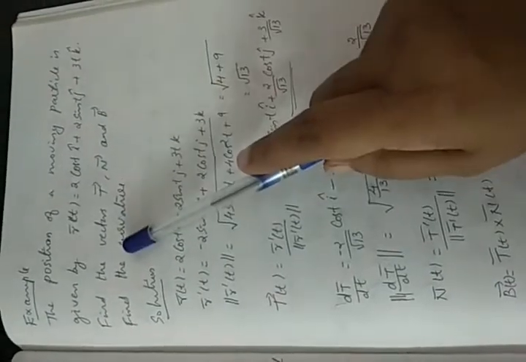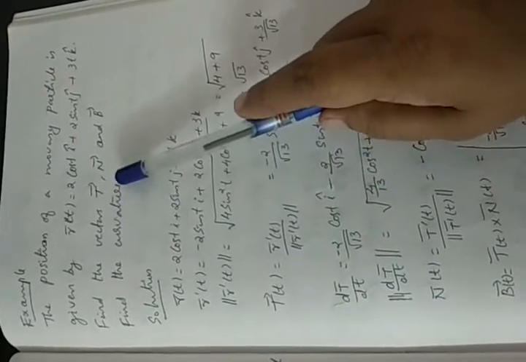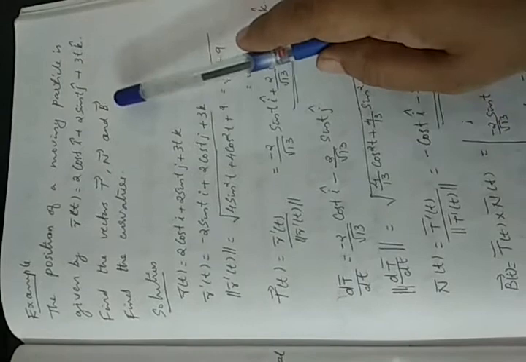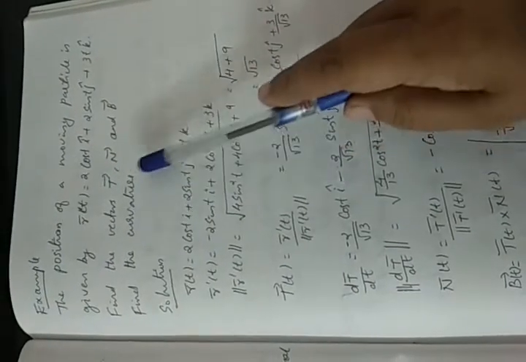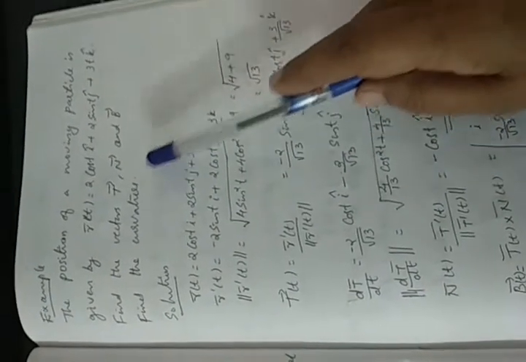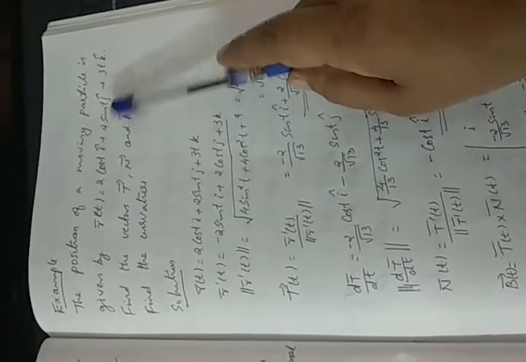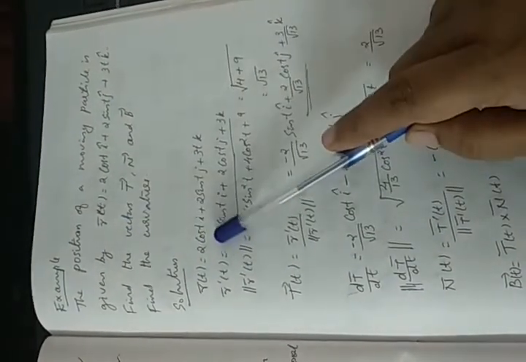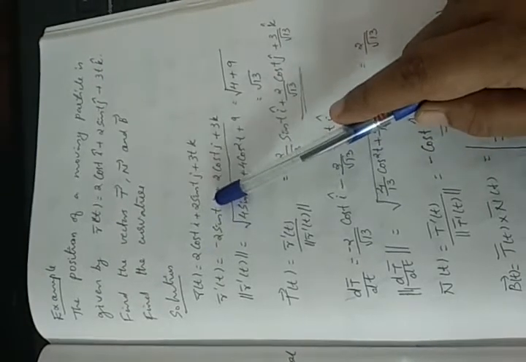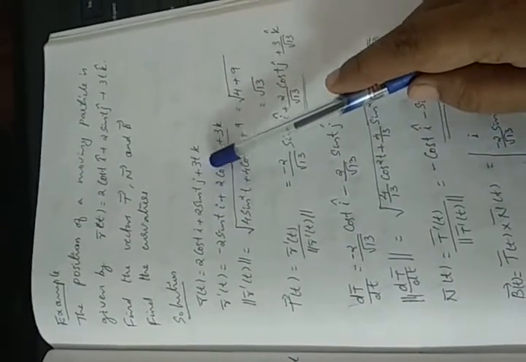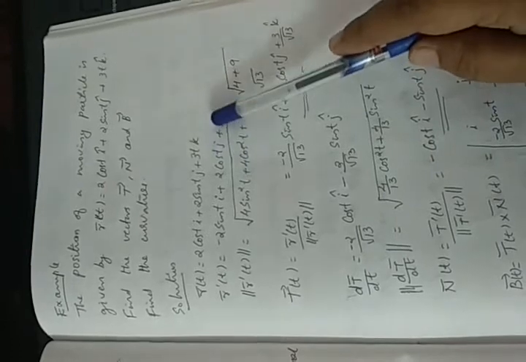We have to find the vectors T, N and B. Also find the curvature. So, the position of a moving particle is given by r of t is equal to 2 cos t i plus 2 sin t j plus 3t k.